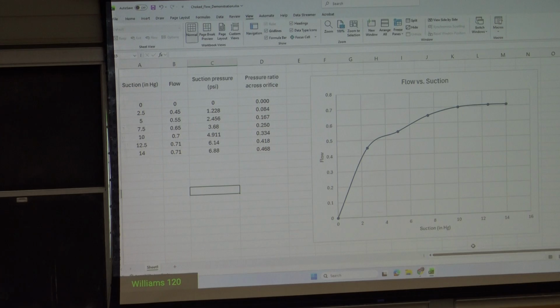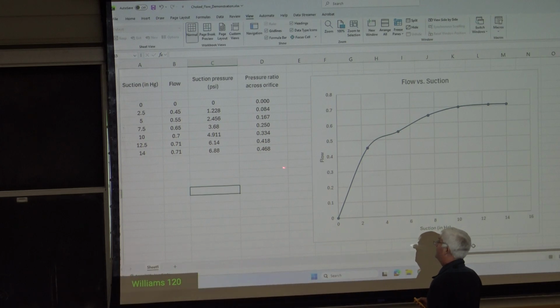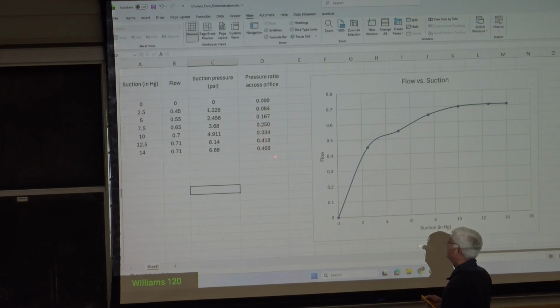And if you remember from the compressible gas lecture, whenever we go below 0.528, basically when the downstream pressure is half of the upstream pressure, we go supersonic, or we go sonic, and we choke. And lo and behold, the best suction I could do just with the limits of the equipment was 0.468.